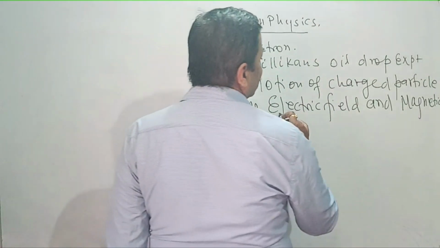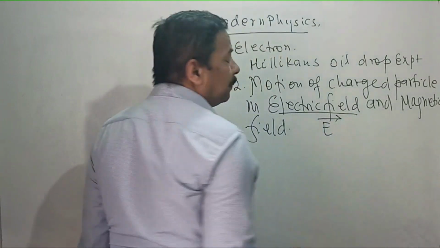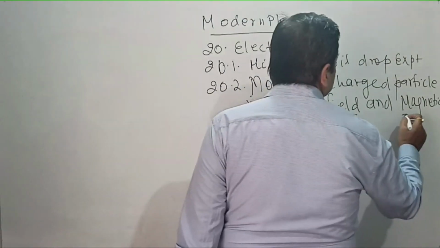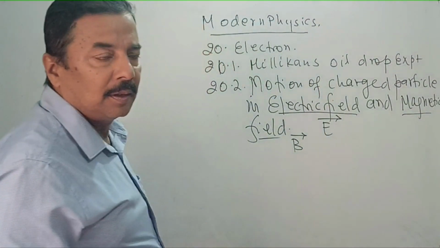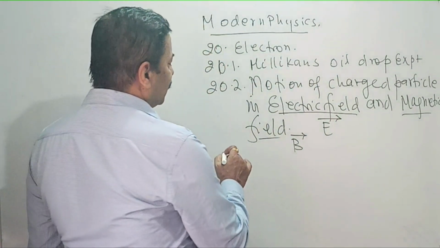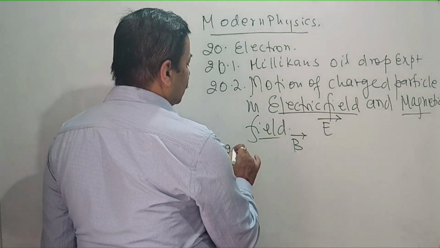Electric field, basically you have read in class 11th as E vector, and magnetic field you will be reading as B vector. Both are vector quantities. And third, that will be the end of this exercise.